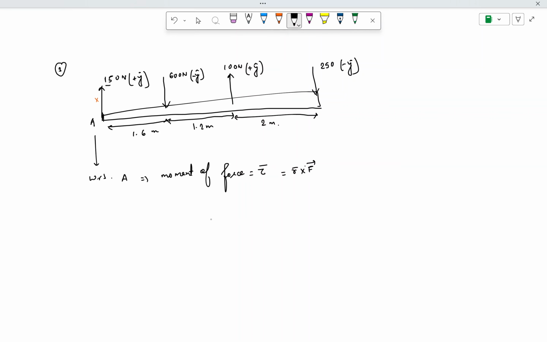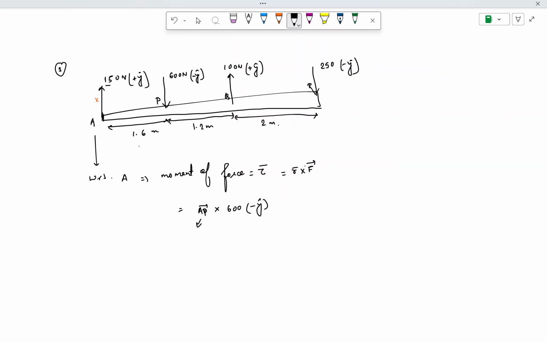Now for the second one, you take your R vector from the reference point to the application of force point. Let's say this point is P, this point is Q, and this point is R. First of all, it is the AP vector from A to P, cross 600 minus y cap.